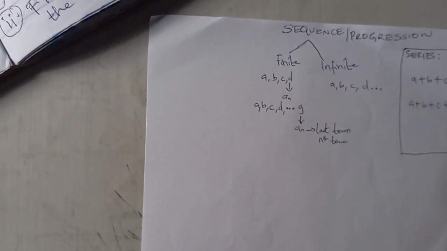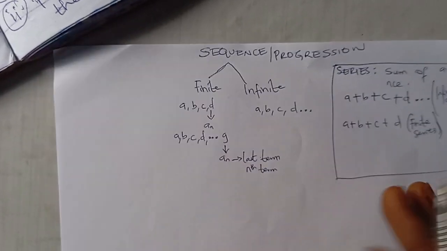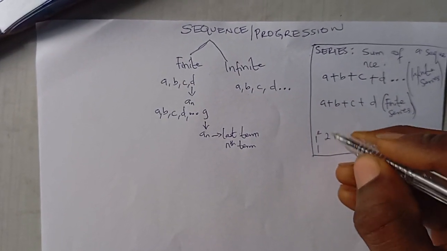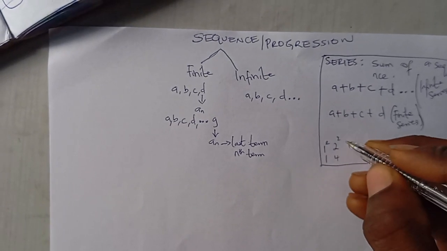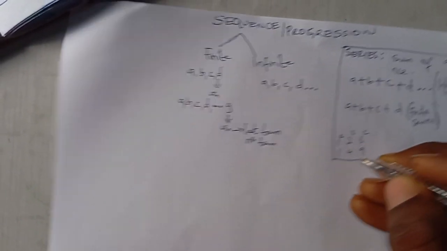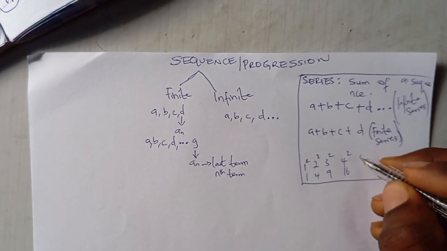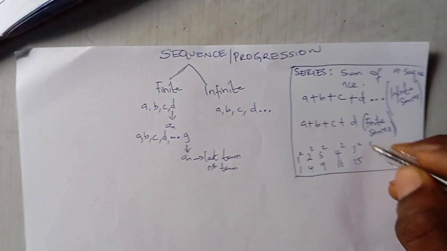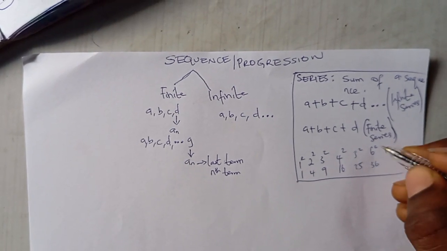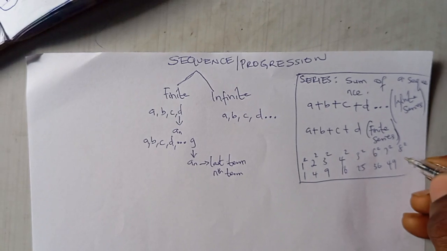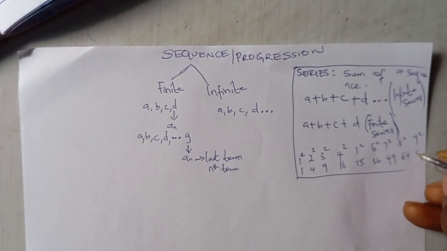Going forward, we now need to talk about two major things. For example, we can have a sequence that says 1 squared is 1, 2 squared is 4, 3 squared is 9, 4 squared is 16, 5 squared is 25, 6 squared is 36, 7 squared is 49, 8 squared is 64, 9 squared is 81.